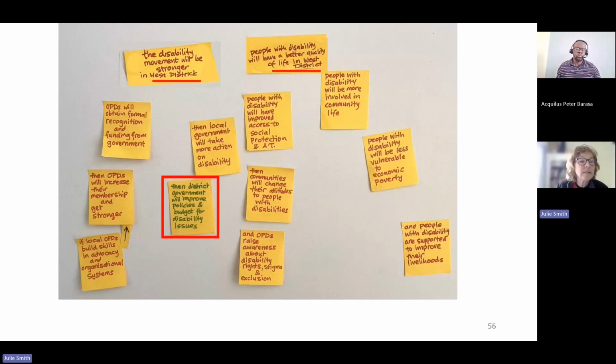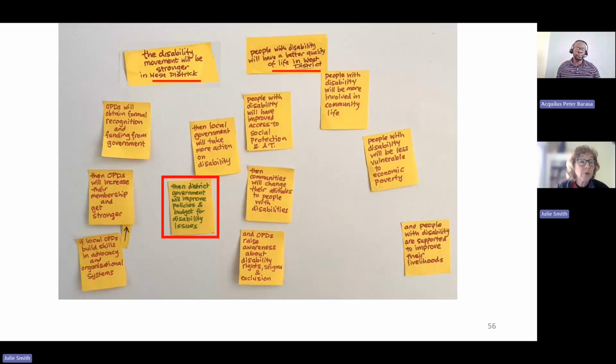So we've said the disability movement will be stronger in West District. It's not going to be stronger throughout the country, so let's be more specific up there. So we write, people with disabilities have a better quality of life in West District. And we write, the disability movement will be stronger in West District. And we've also said, okay, by adding in our work with district government, that's probably going to make our theory of change or our project logic more coherent.